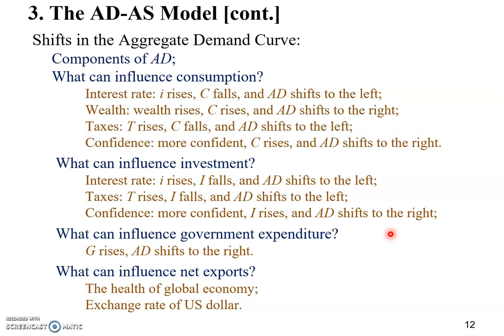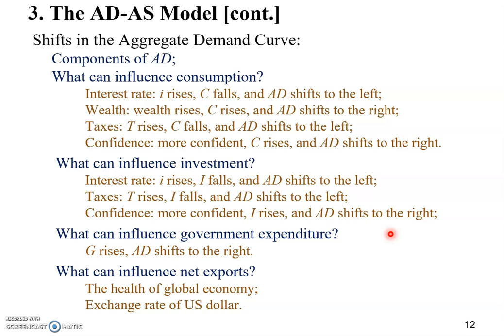Okay, and vice versa, if the U.S. dollar depreciates, in other words, it loses its value, then the U.S.-made goods and services would be cheaper on the global market, so we can export more. Okay, so AD would shift to the right. So these are the factors that would change the aggregate demand.